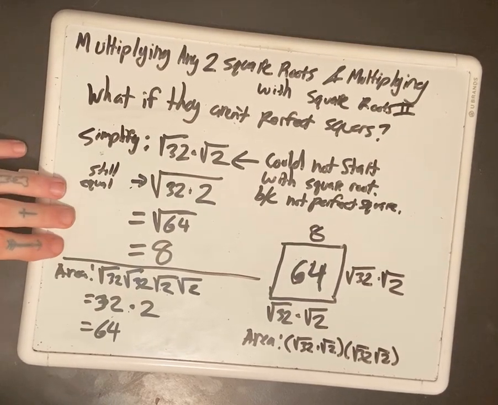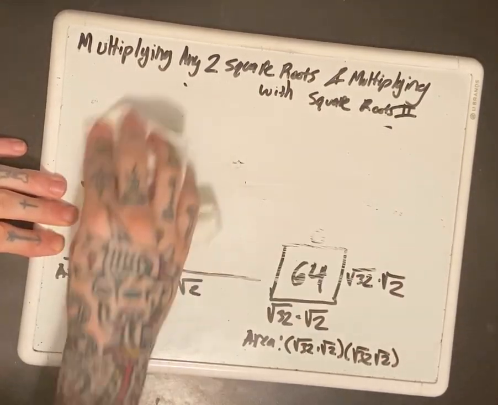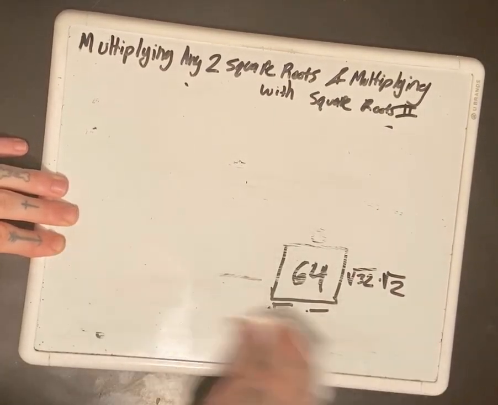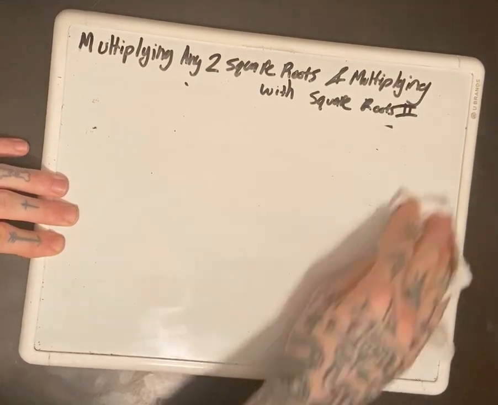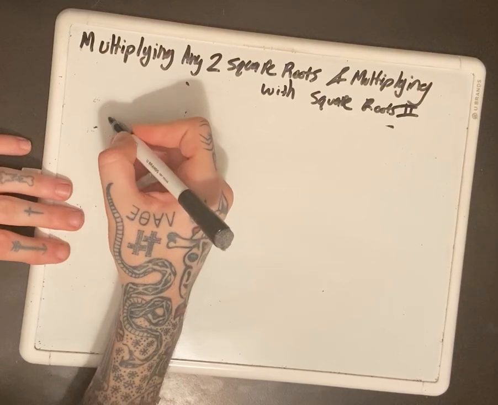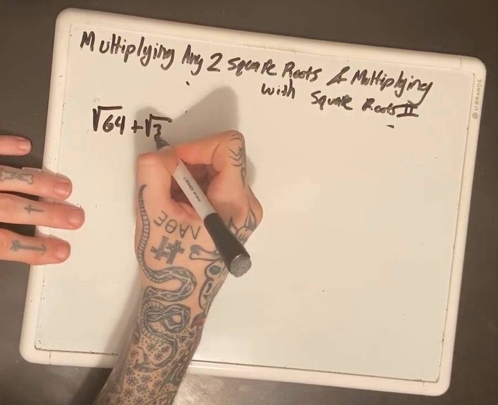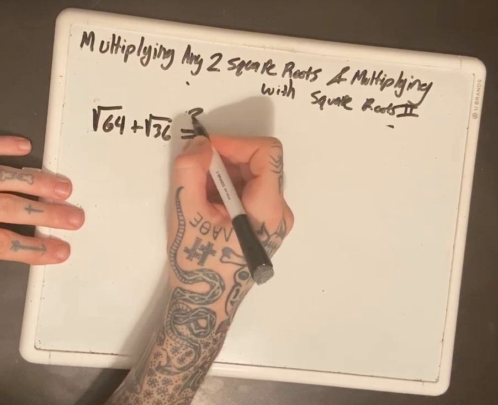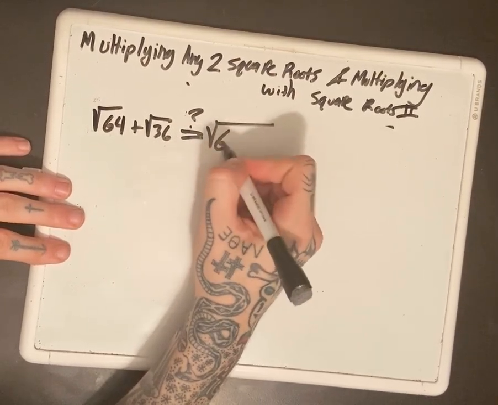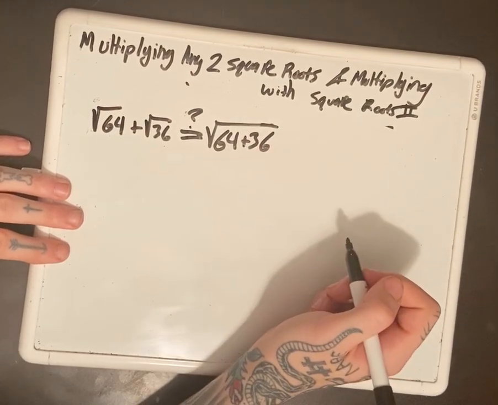Now, we have a few more tests to see. Square root of 64 plus square root of 36. Does it equal the square root of 64 plus 36?